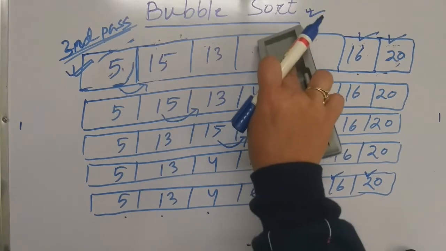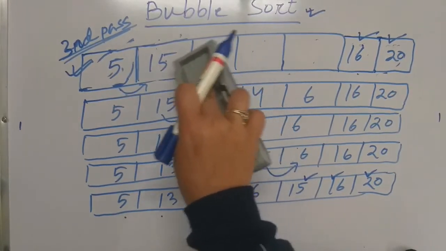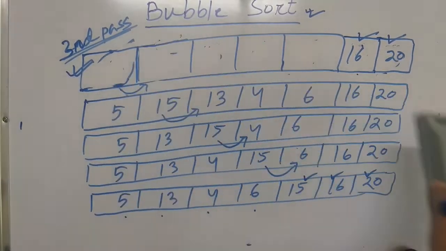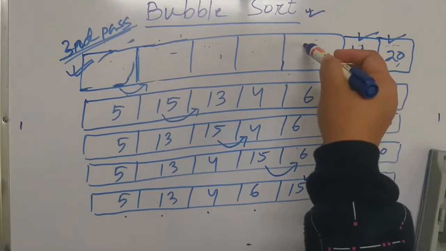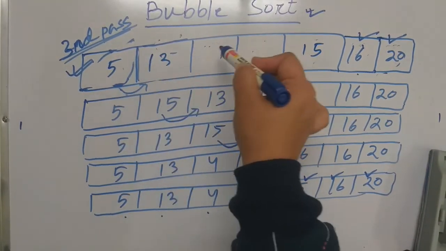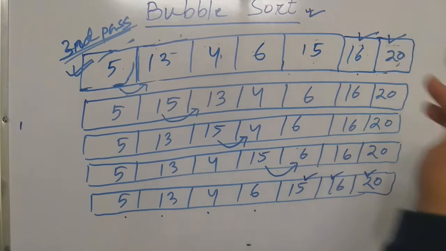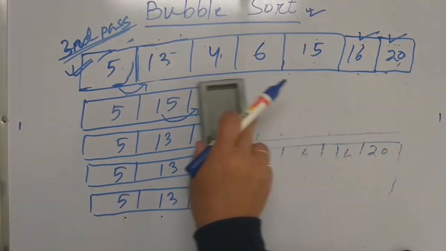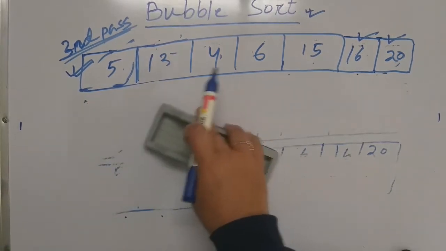What is the fourth pass input? So here I am writing the total elements, and explain all the things here in detail. Okay, so 5, 13, 4 and 6. So this is the next input for the fourth pass. Okay, so look at this.